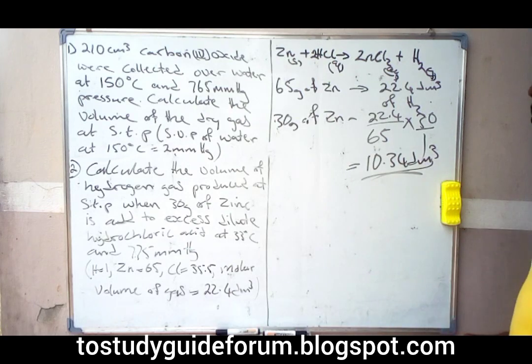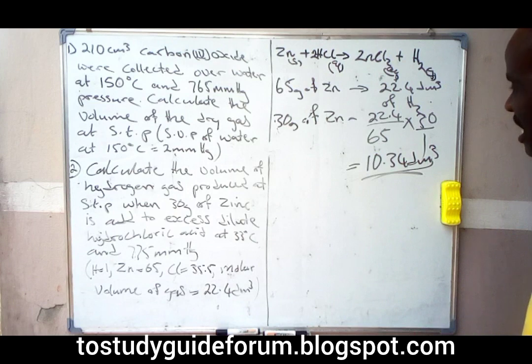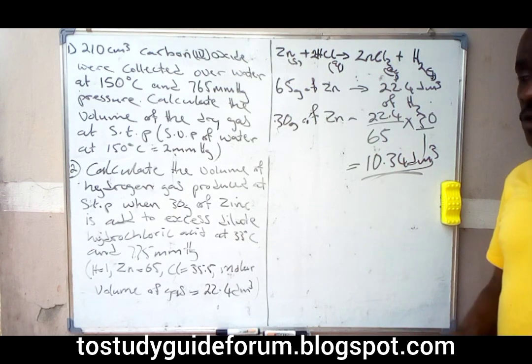So with this, we are going to find out what will be produced at s.t.p. At this temperature and pressure, the volume we have is 10.34 dm³.